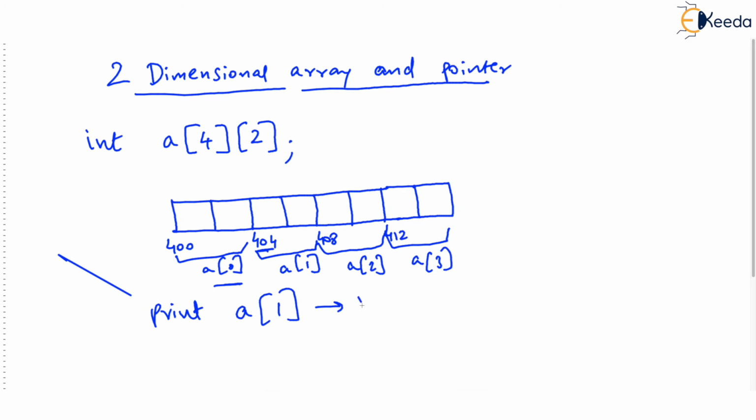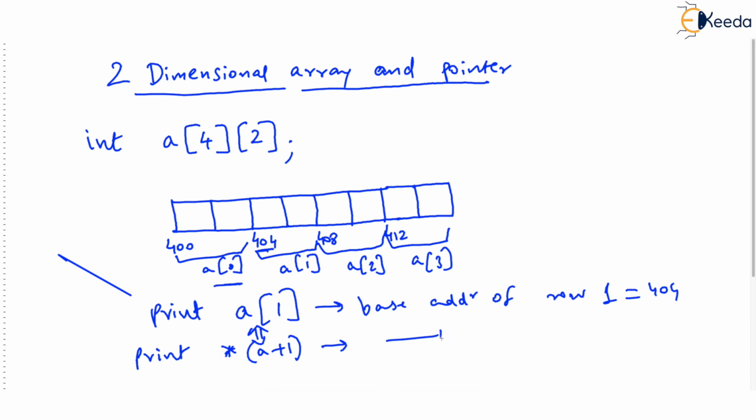So this will be base address of row 1, which is same as 404. But what if you write print asterisk (A plus 1)? Please try to understand, both these notations are same. So this is also going to give us address of row 1, which is 404.